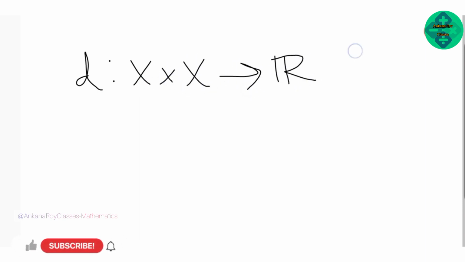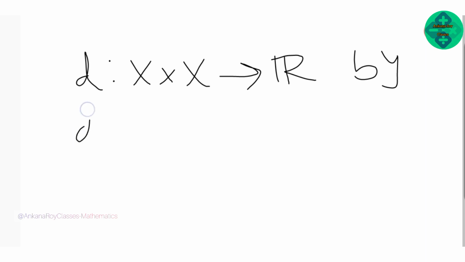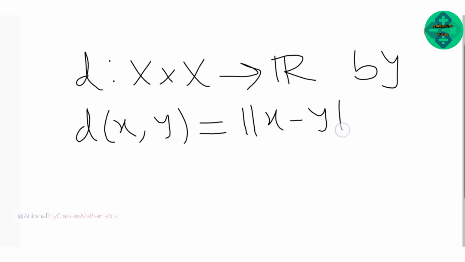Now, using the definition of norm, we can define a function d from X cross X to R by d of x, y is equal to norm x minus y. This d forms a metric space.